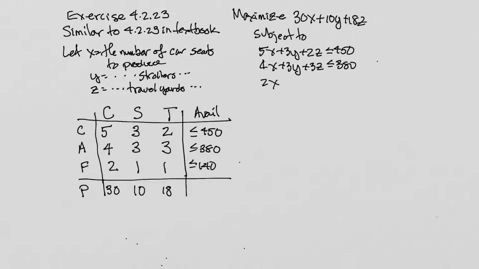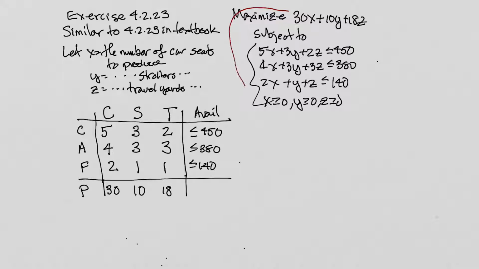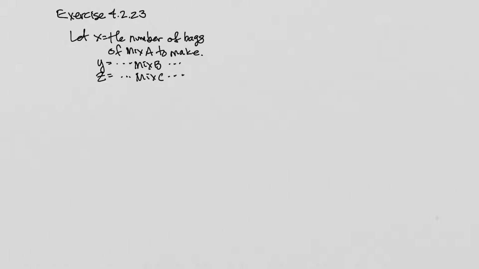And then we'll have 2x plus y plus z less than or equal to the 140. And of course, x greater than or equal to 0, y greater than or equal to 0, and z greater than or equal to 0. So this is our linear program, and we can just type this straight into Zweig Media and get our solution.